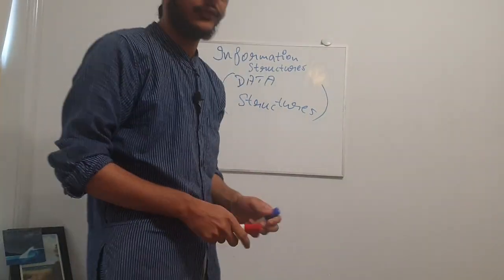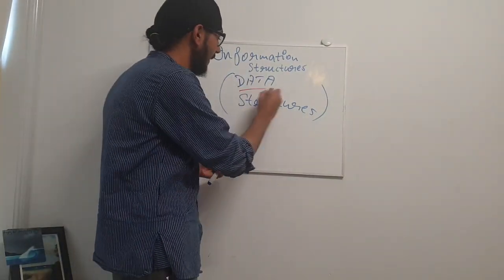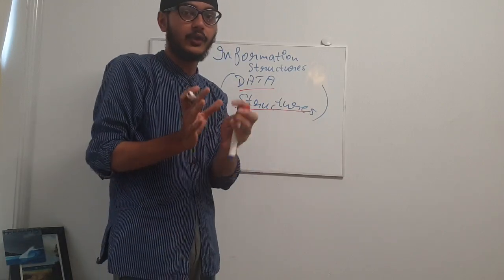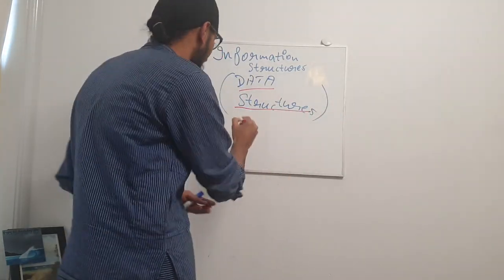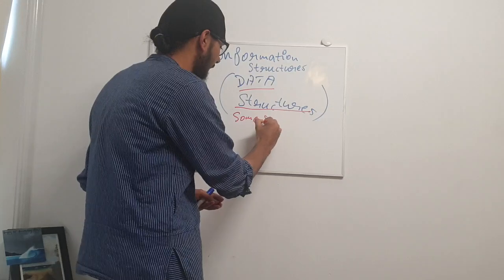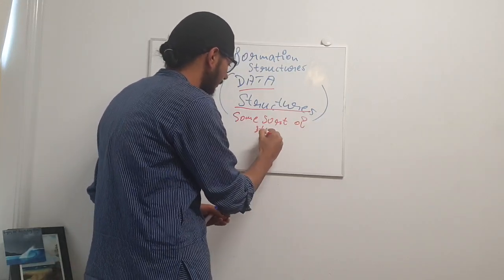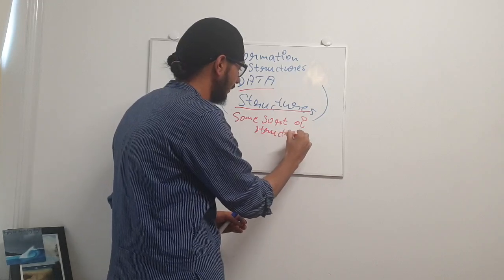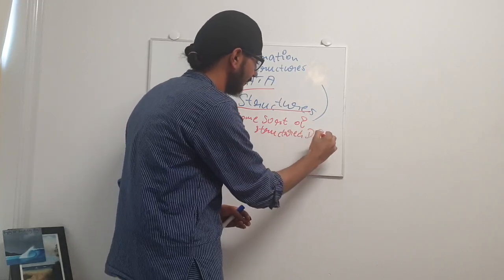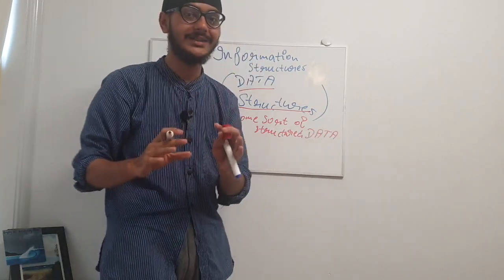So what is a data structure? A data structure is nothing but some sort of structured data. Now what does this mean?